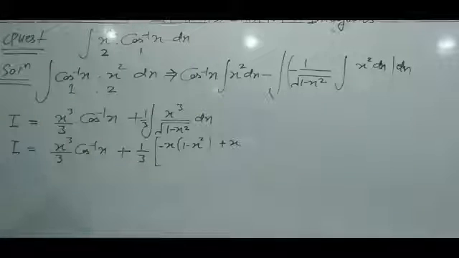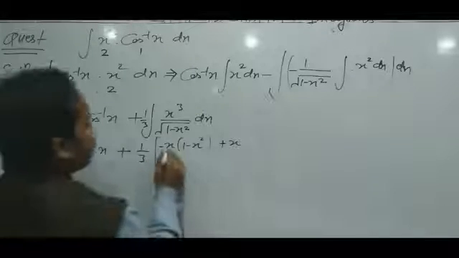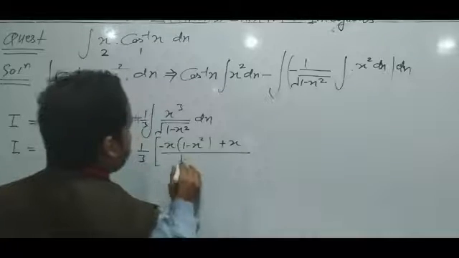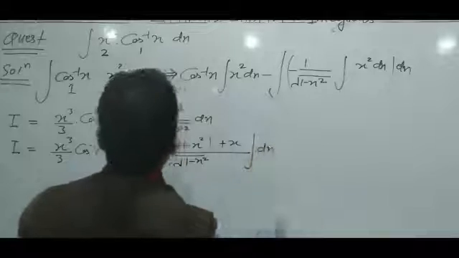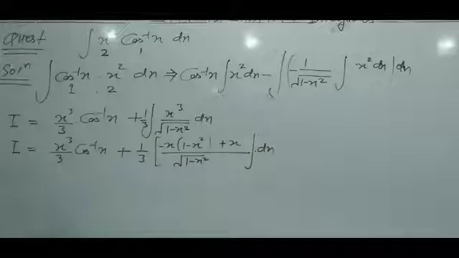So minus x plus x will cancel and this will be plus x cube, and whole upon root over 1 minus x square dx. This function we have to integrate.